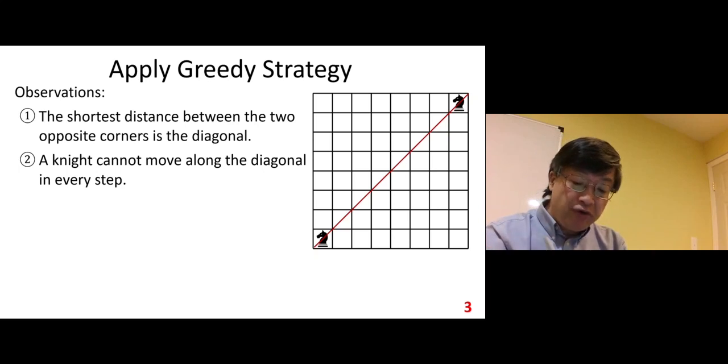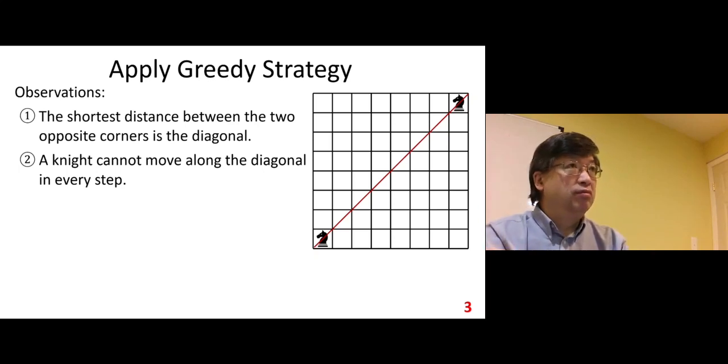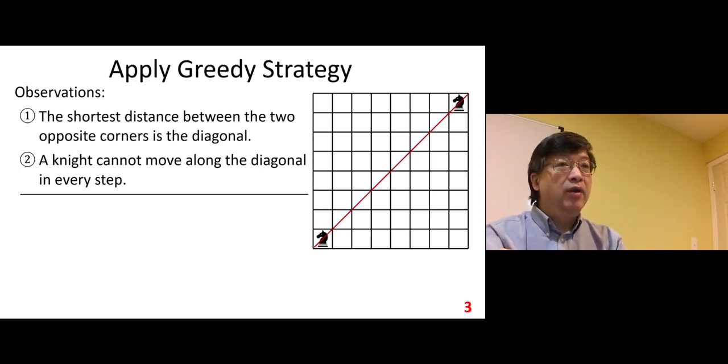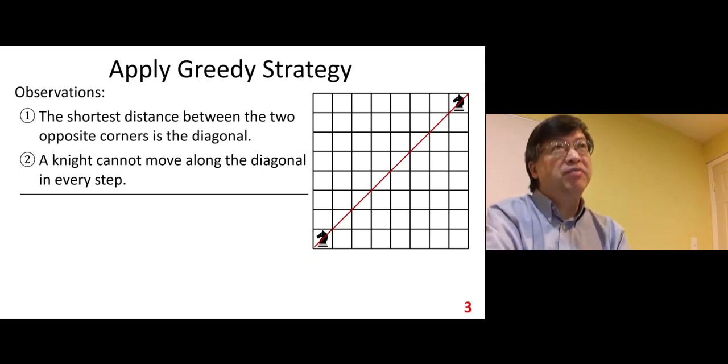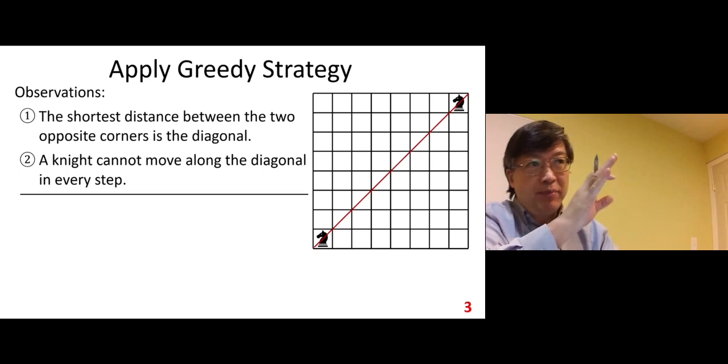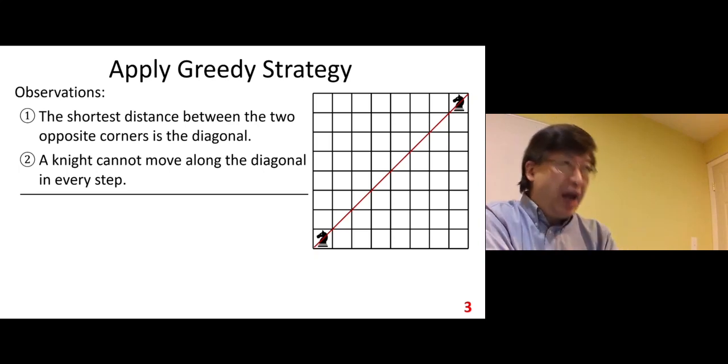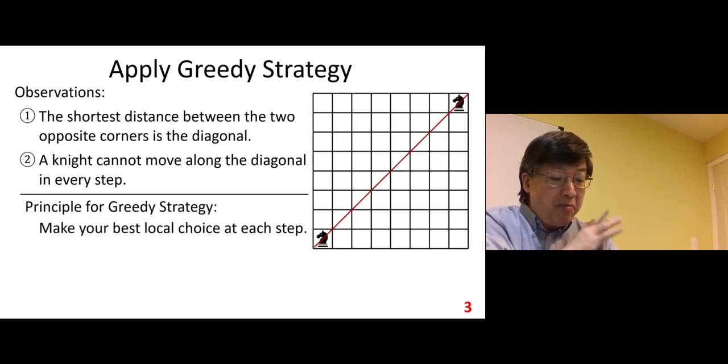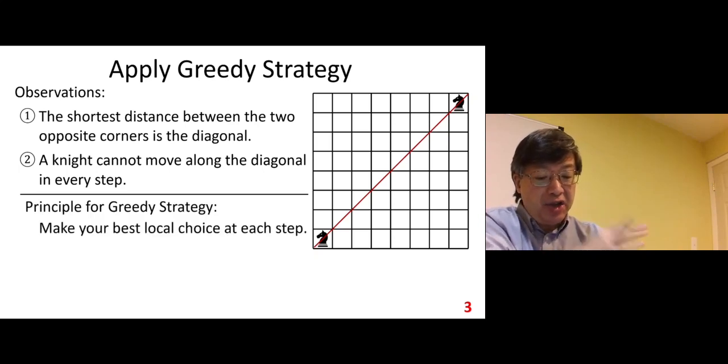That's the hard part. How can you make a knight move along the diagonal? You know, L shape, right? We have to follow the L shape move for a knight. So we cannot. Then we make our strategy. Here we use a principle for greedy strategy: make your best local choice at each step.